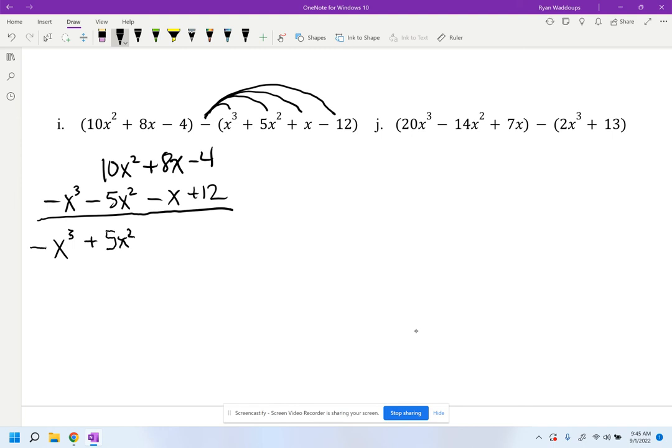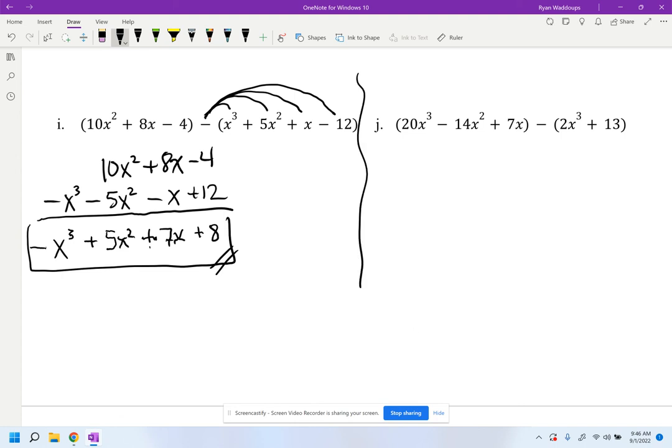Plus 8x minus x is plus 7x. And minus 4 plus 12 is plus 8. And that polynomial is my final answer for example I.